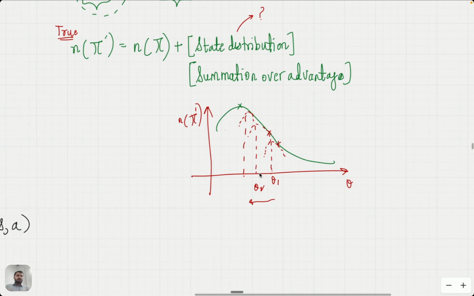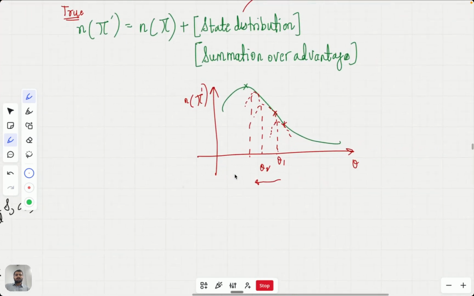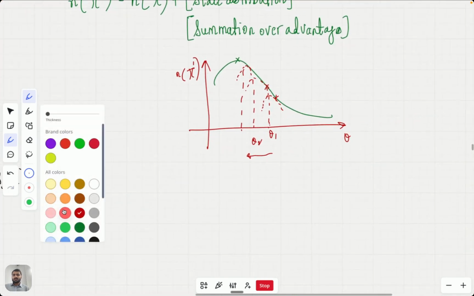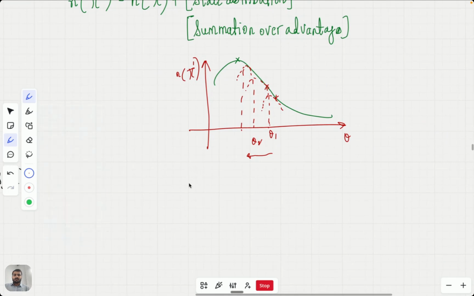Now, the main question is what is this surrogate objective function? And we looked at a very interesting expression for this surrogate objective function, which turns out to be L of π dash minus C D_KL^max of π comma π dash.